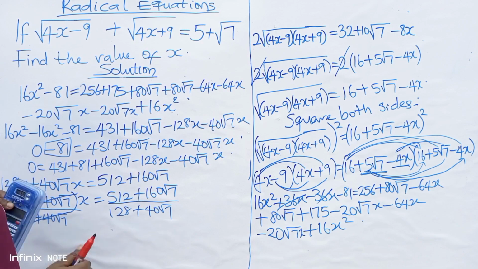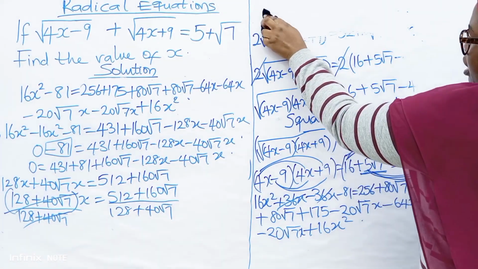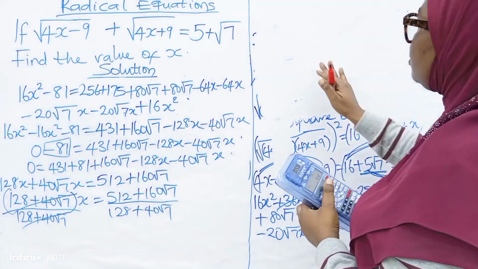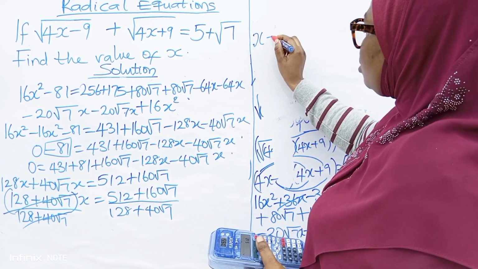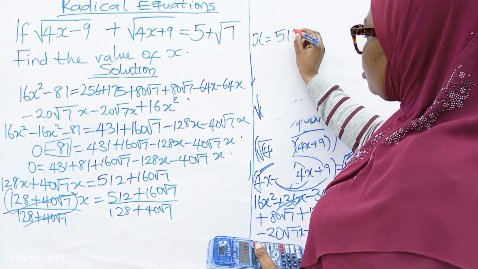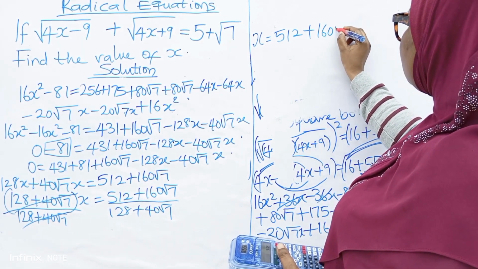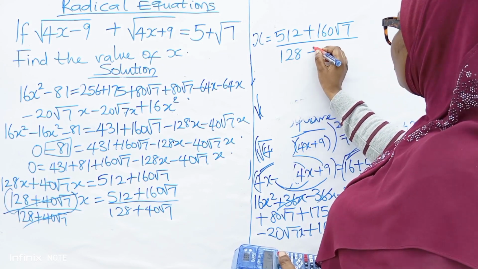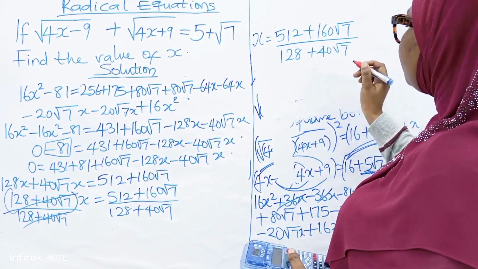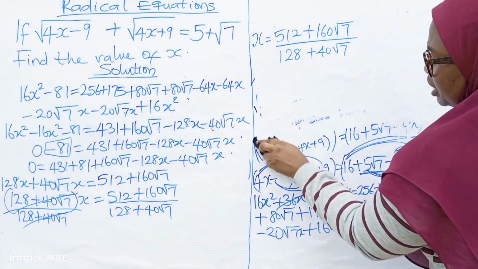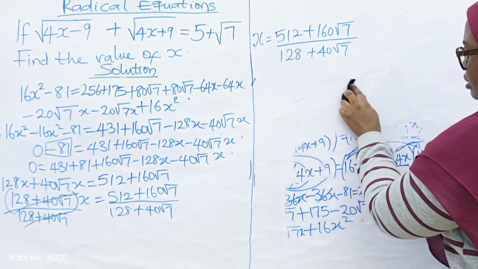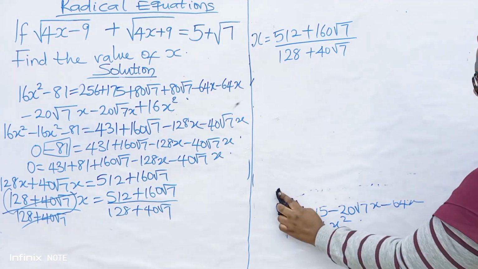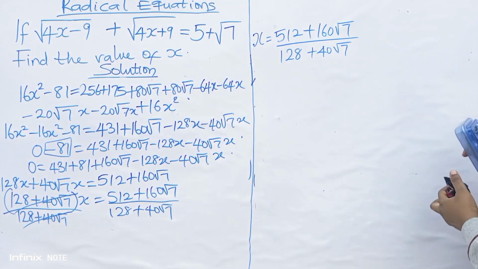So we are left with x is equal to 512 plus 160 root 7 divided by 128 plus 40 root 7. So we are not done yet. We are almost done. So here I can see that in the numerator I can factorize 32 out.